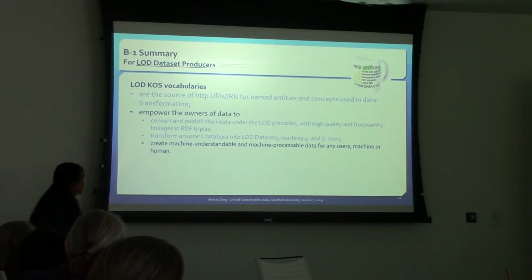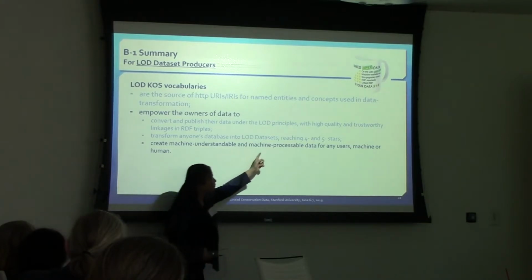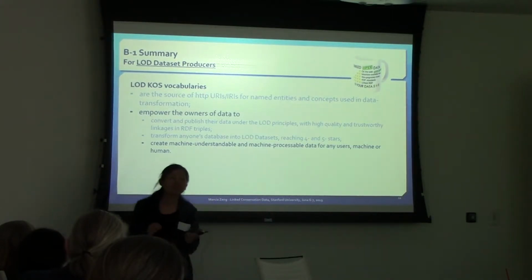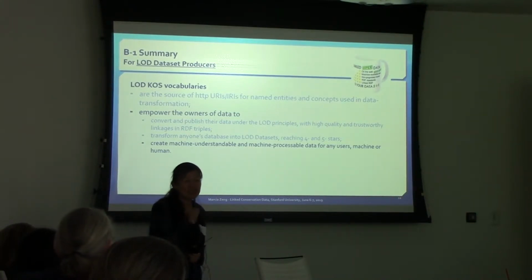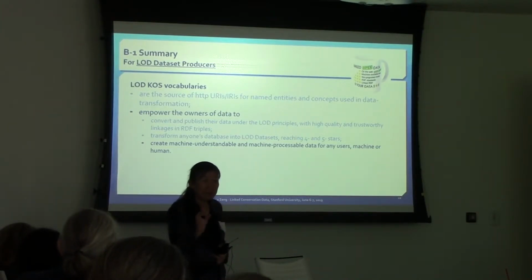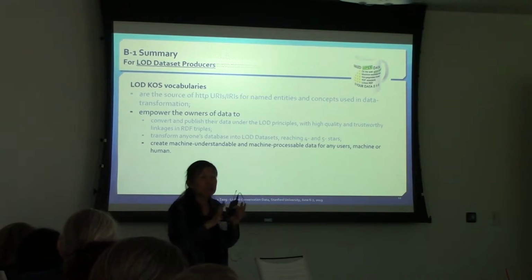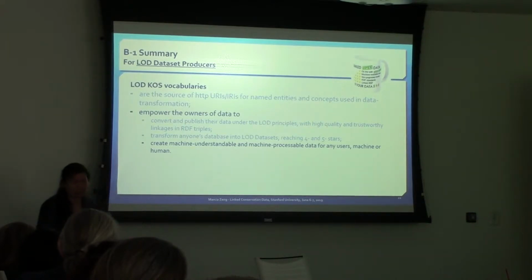Another very important concept is machine understandable and machine processable. This is different from machine readable. If machines can only read, they make mistakes. But if you have a triple with a URI, the machine has no issue, won't mix things up, and will be able to process it.